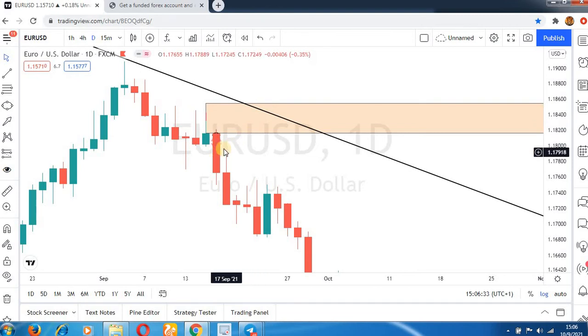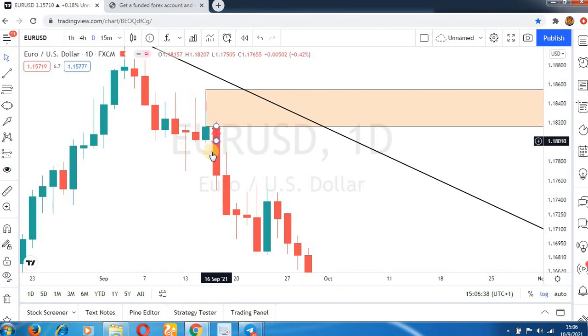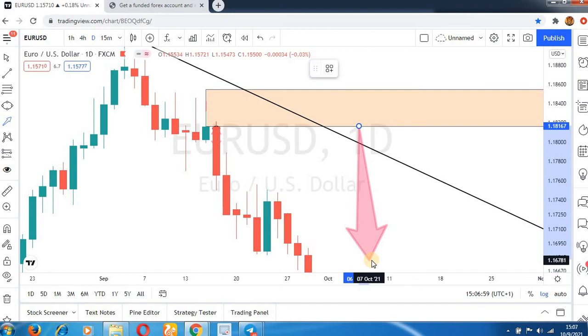For imbalance to be created, there is leftover order, because the meaning of imbalance means that there is leftover order. The only thing we are now wondering is if these orders that are left are enough to drive price all the way down.